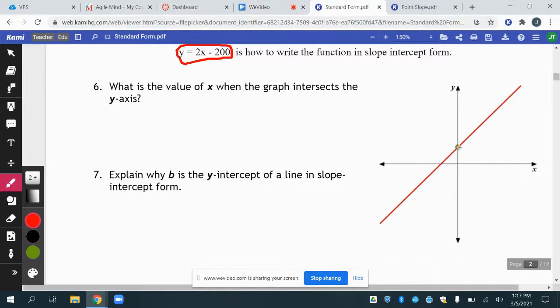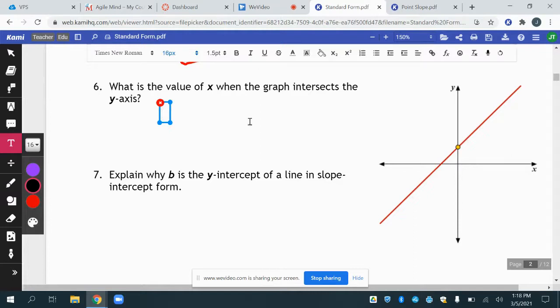The weird thing is this one doesn't have anything written. What is the value of x when we're on the y axis? So if we're at this point, right? x equals 0. Okay, how do I know that? I don't have to actually know what number that is. x equals 0 if we cross the y-axis.